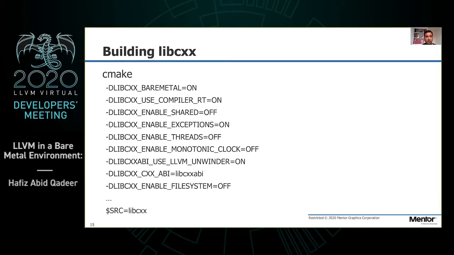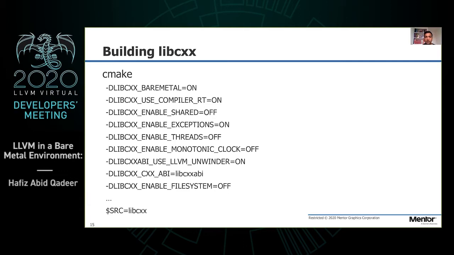And now we look at the CMake variables for the libc. Many of them are similar to those seen in the previous slides. LIBC_ENABLE_MONOTONIC_CLOCK needs to be off because threading is off. And then we use libc ABI.